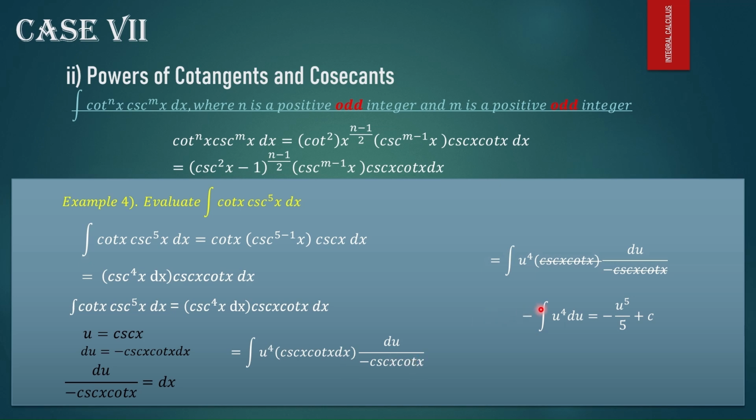So the negative integral of u raised to 4 will be negative u raised to 5 over 5 plus c. Since u is equal to cosecant x, we now have negative 5 power of cosecant x over 5 plus c. So this is how we integrate trigonometric integrals whose exponents are both odd.